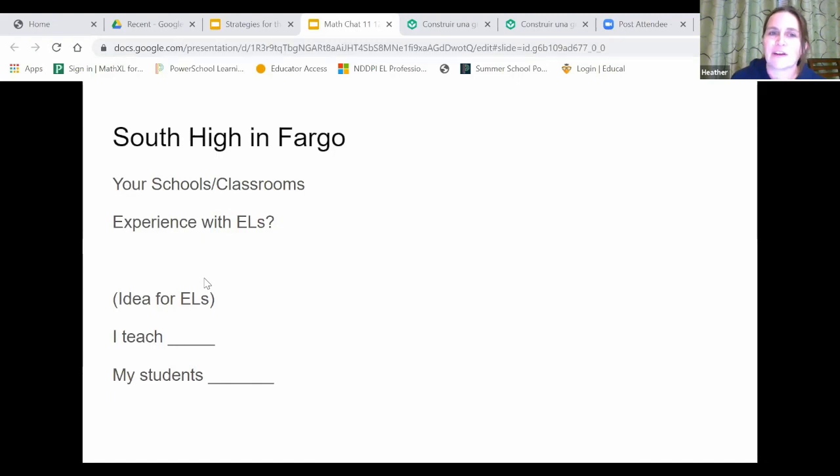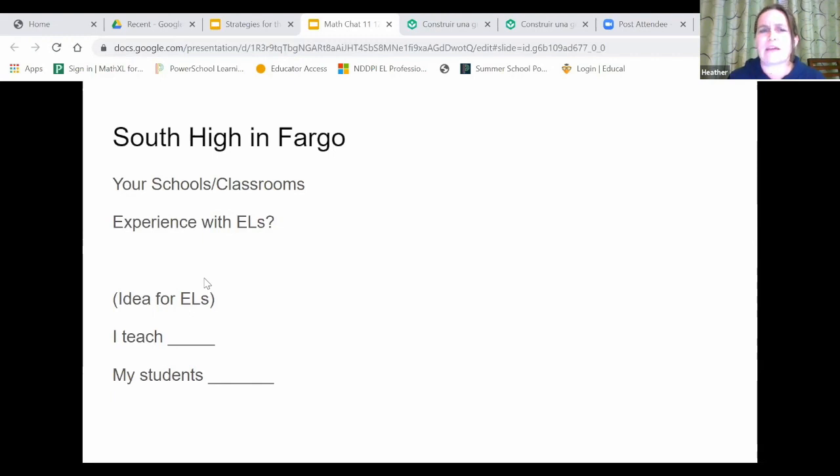And so we teach together at Fargo South, and we really only have one EL class, a pre-algebra for students that aren't quite ready for grade level content. The other classes we teach are what's called sheltered instruction, where we teach Algebra 1, Geometry, Algebra 2, Informal Geometry, Algebra 1 block.